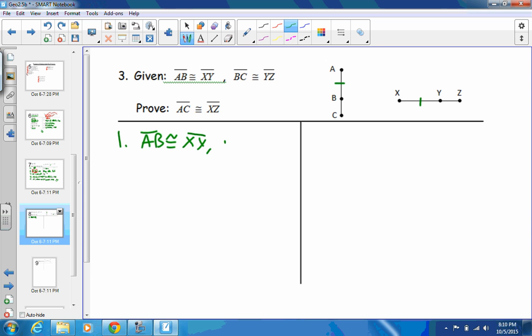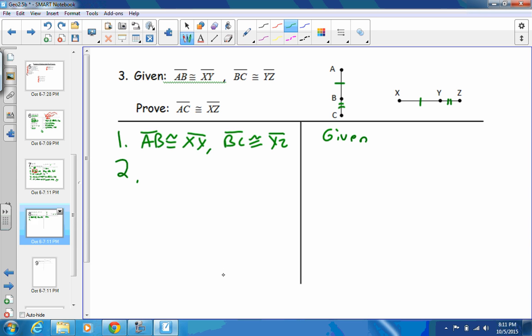We also have that segment BC congruent to segment YZ. So BC, we'll do two dashes because that's congruent to this. That is our given. We are now trying to prove that segment AC is congruent to segment XZ.